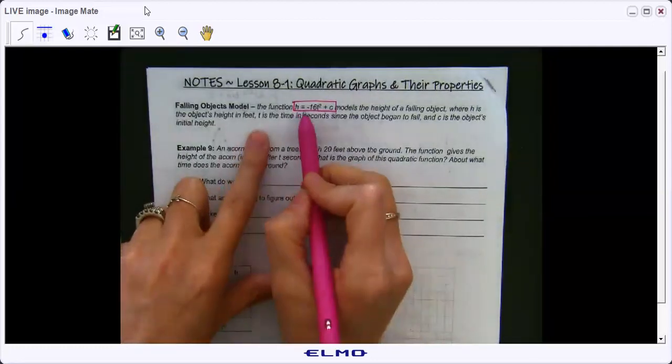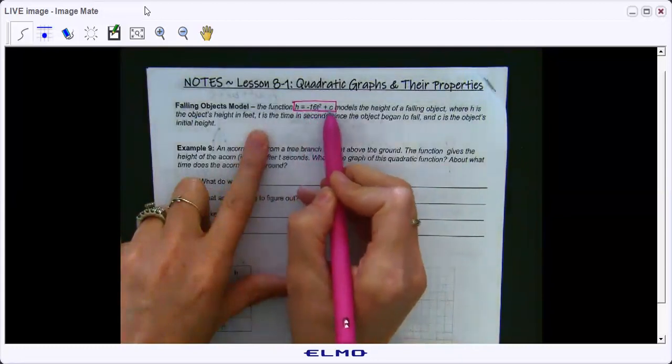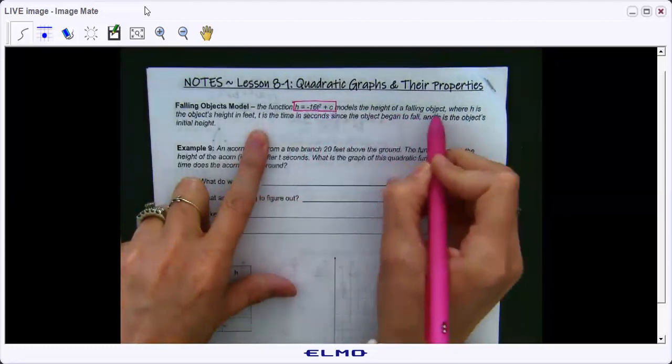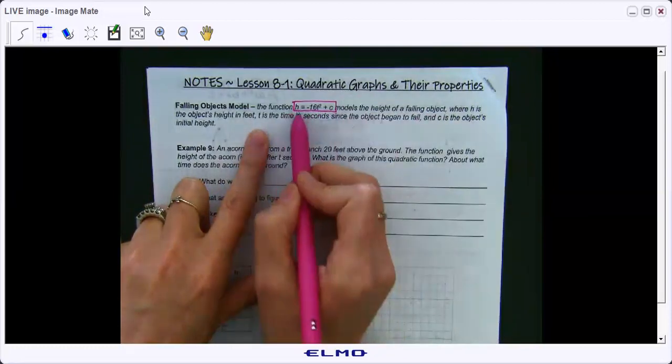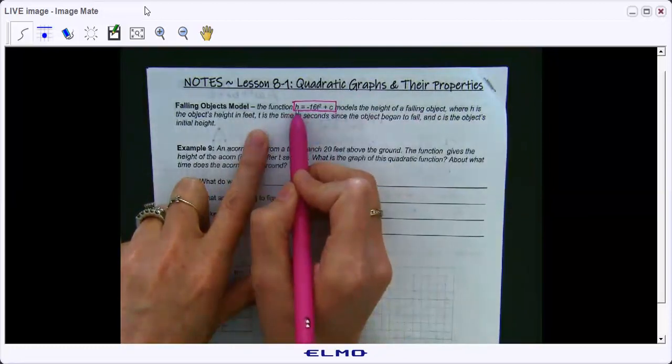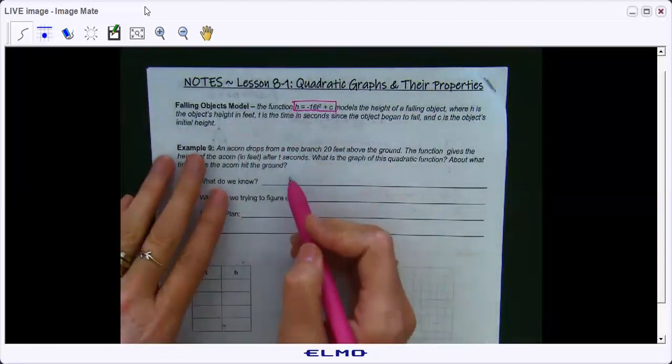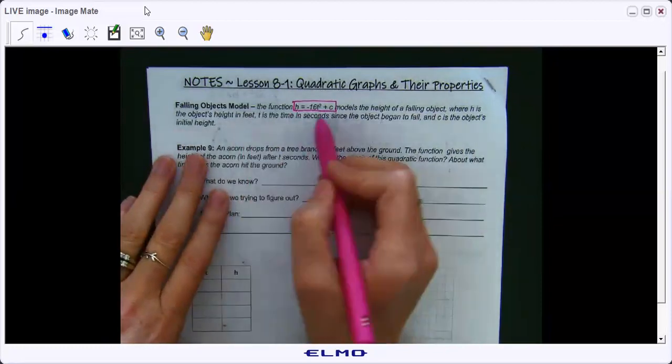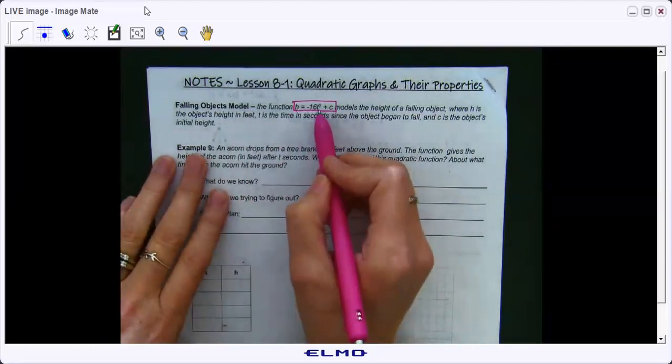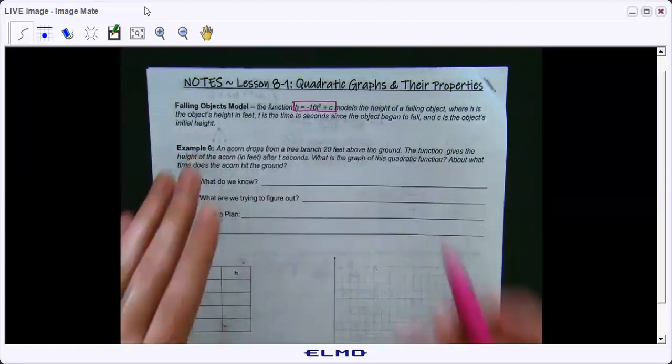Okay, so let's just look at this. This function, h equals negative 16t squared plus c, models the height of a falling object. h represents the height, in this case feet above the ground. t represents the number of seconds since the object began to fall.